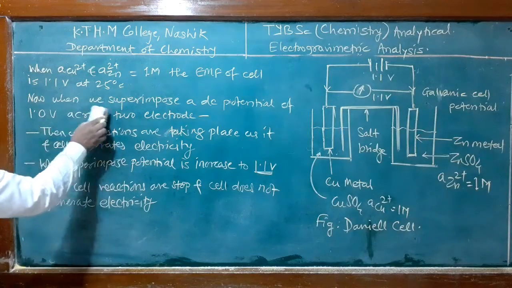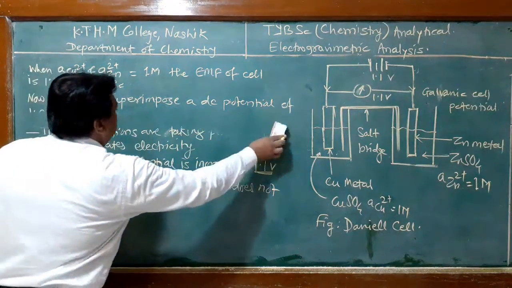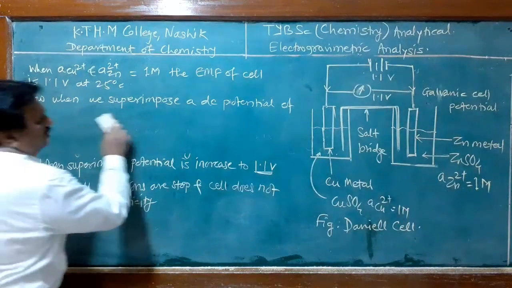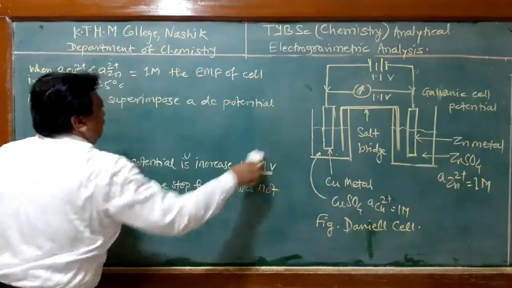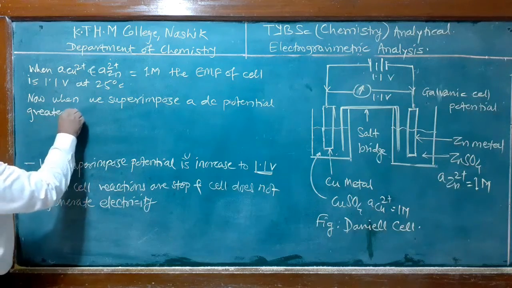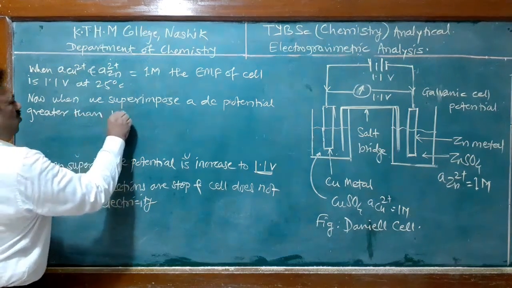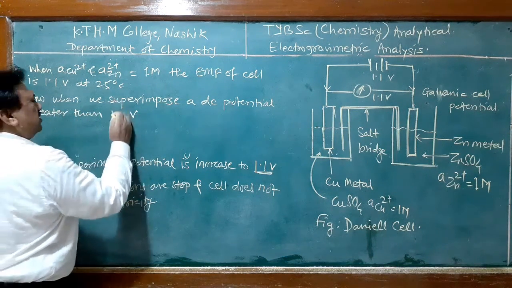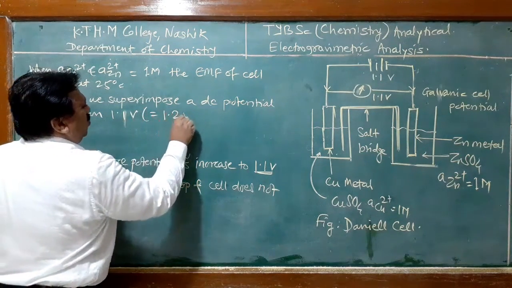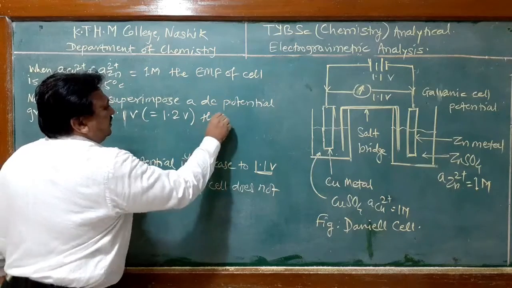Now suppose we superimpose a DC potential greater than 1.1 volt, for example equal to 1.2 volt, then what happens?